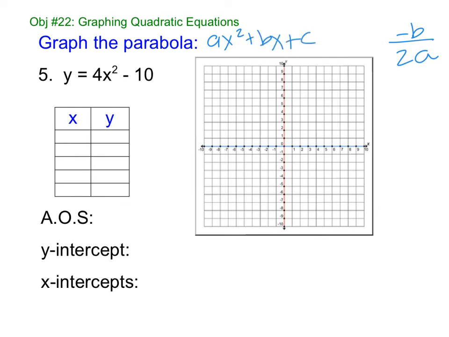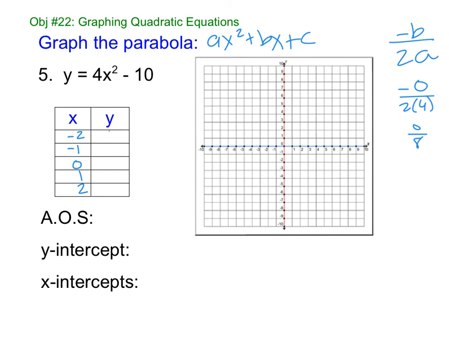What number is in front of the x? Well, there is no x, so it's -0/2 times 4. What's 0 divided by 8? It's just 0.